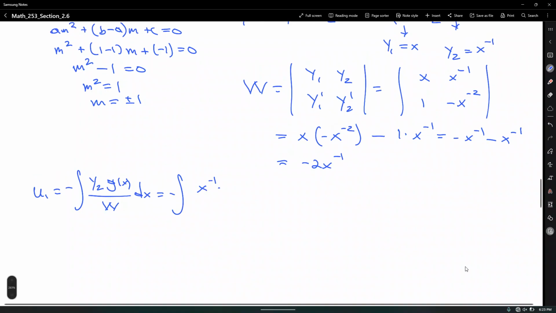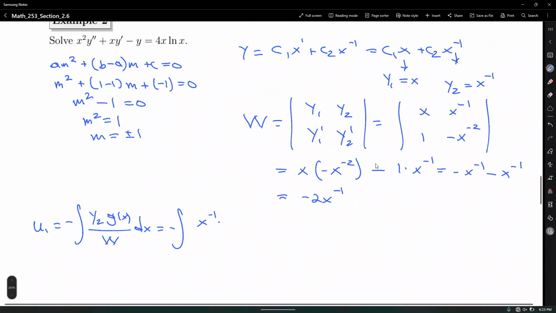What's g of x? 4x ln x, 4x ln of x, where, oh, not yet, not yet.